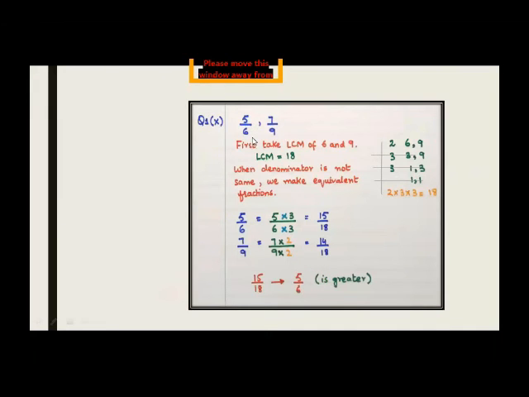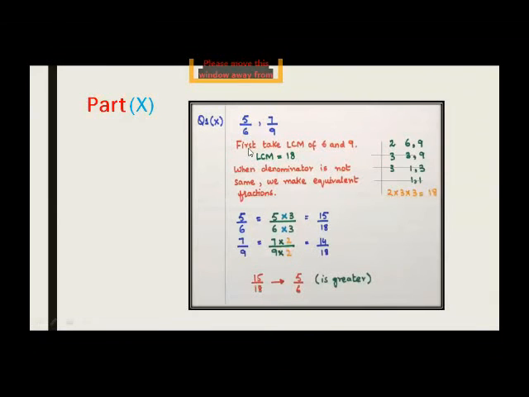Now, 5 upon 6 and 7 upon 9. Which fraction is greater? This is part 10. First, take the LCM. When the denominators are different, we will take the LCM. When you take the LCM of 6 and 9, see here the process of taking LCM: 2 3s are 6, 9 as it is; 3 1s are 3, 3 3s are 9, 3 1s are 3.